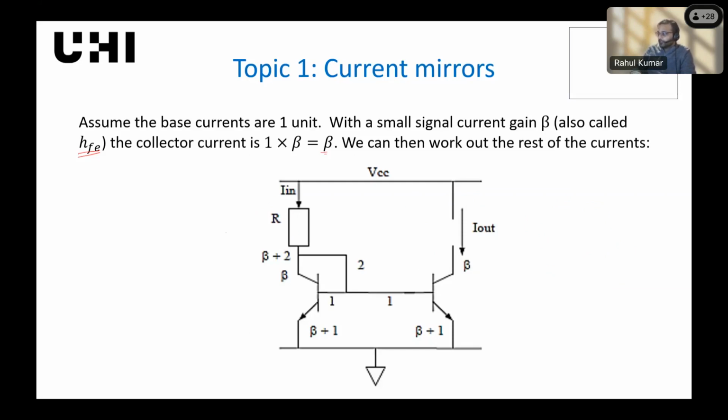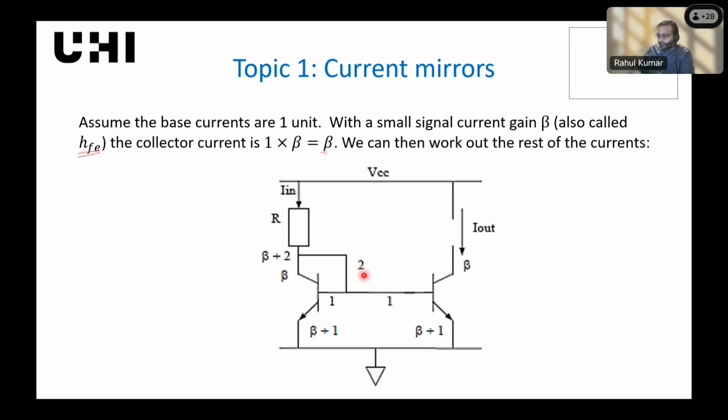Let's say the current going into the base of the two transistors is unity. It could be either 1 milliamp or 1 microamp, it doesn't matter, just for the concept. So let's say it is 1 milliamp.